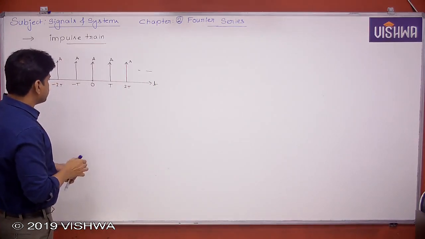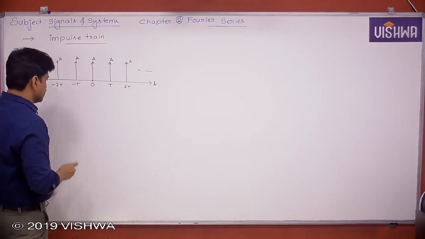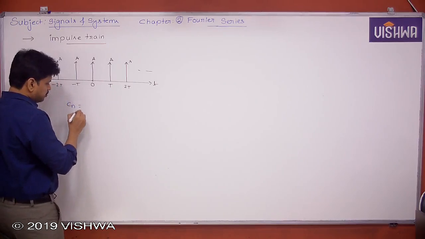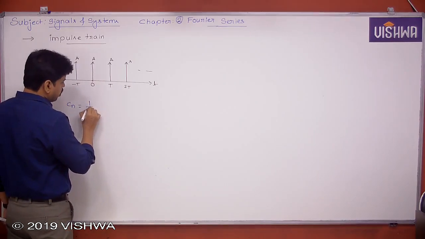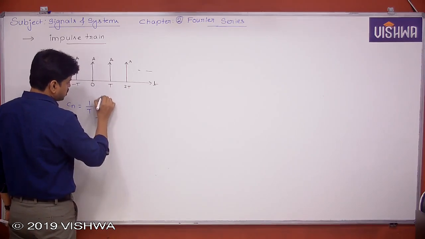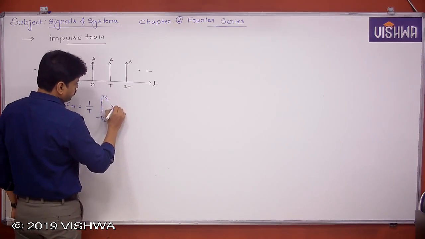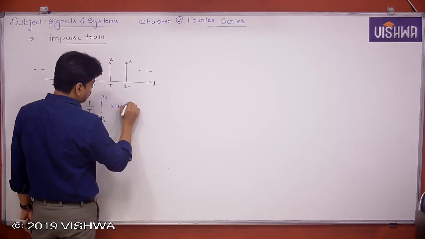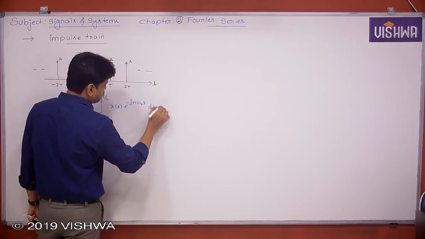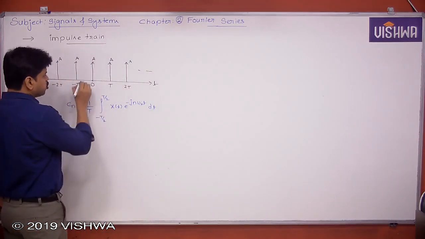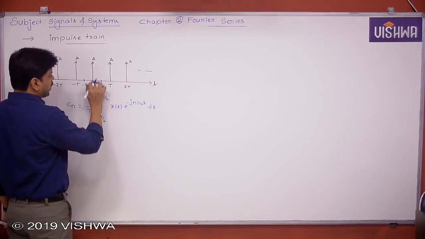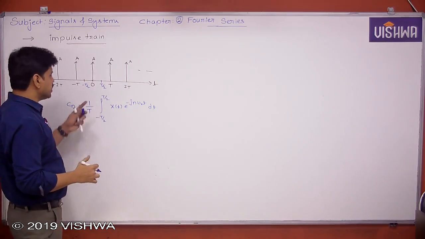Now for this we have to calculate the Fourier series coefficient Cn. Directly we have the formula: 1 by T integration over a period, let's take minus T by 2 to plus T by 2, x of t e power minus jn omega naught t dt. Within minus T by 2 to plus T by 2 we have one impulse function, which is a delta t.